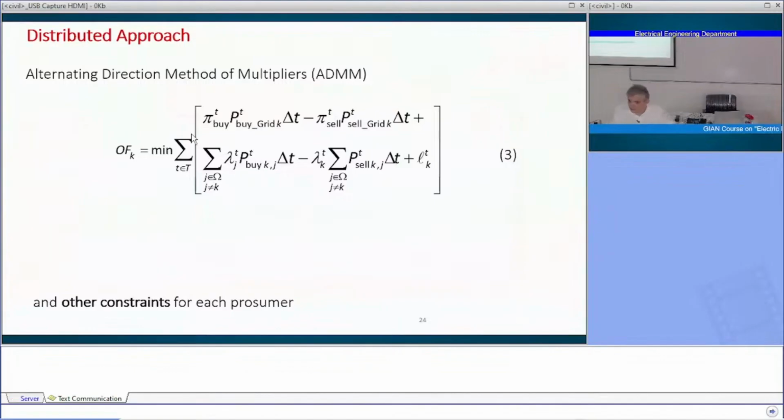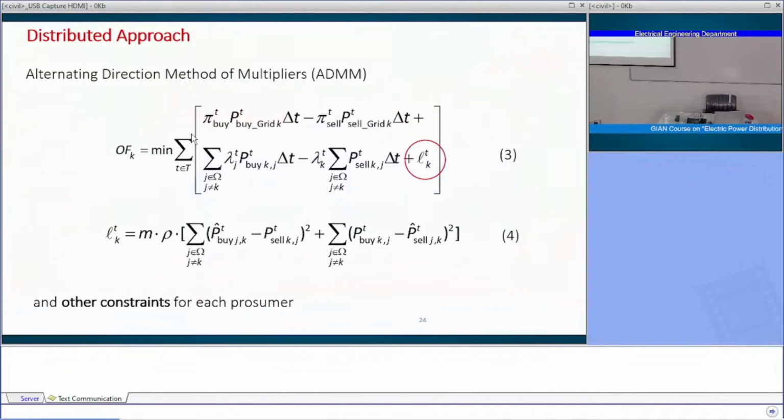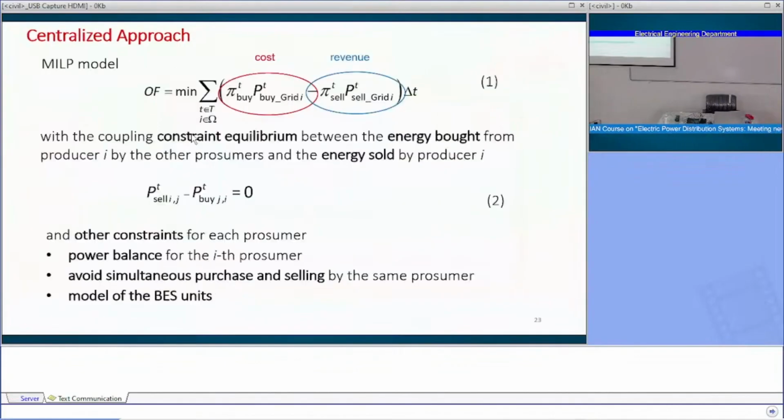I will also show you the detailed scheme for this adjustment. But you can understand that this procedure might involve many iterations, so there is a convergence issue before reaching the final results, that is the results where these constraints are met. So we need to obtain a solution in which this balance is obtained.